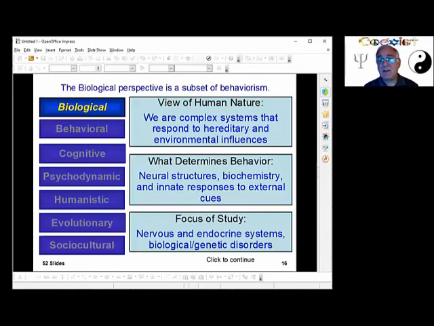The focus of study then is the nervous system, the endocrine system, both of which we will study in the second chapter, and the biological genetic disorders that occur because of our biology and the issues that occur because of our births and our conception. So that is the biological view.